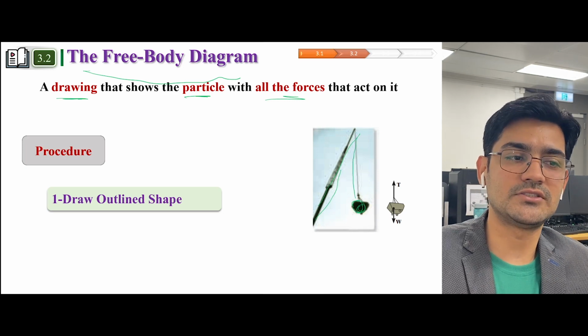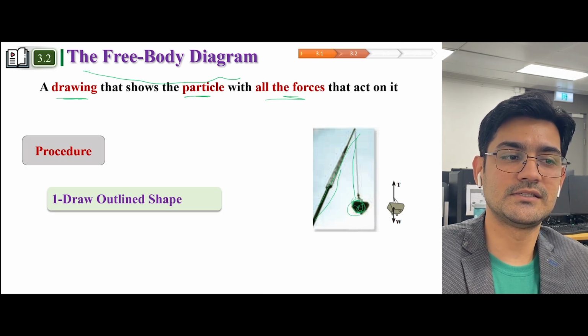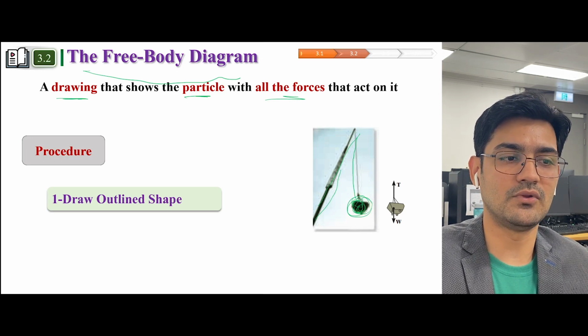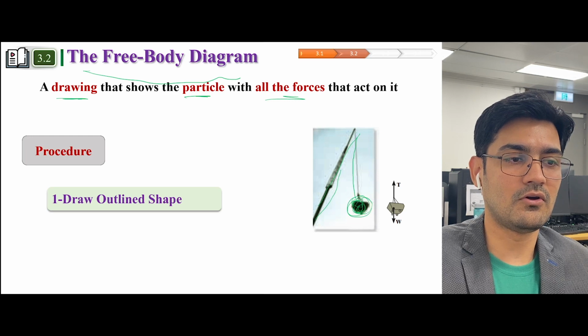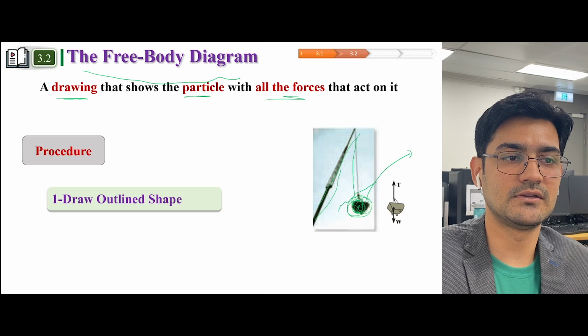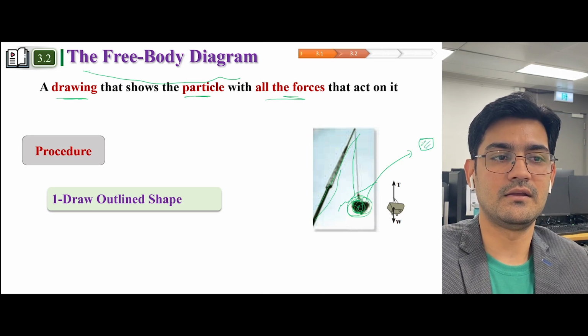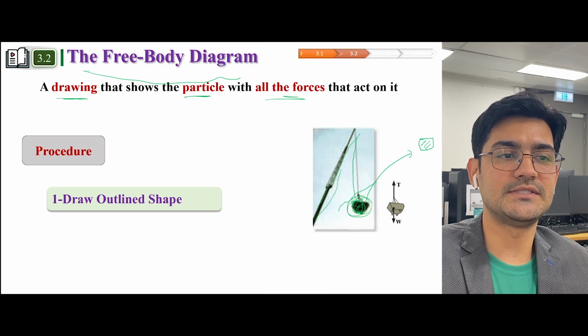If we are interested in whether this is in equilibrium or not, then we have to isolate this. We can remove all the other things and just isolate this crane sort of a thing here, and this can be represented in a free body diagram as a particle.